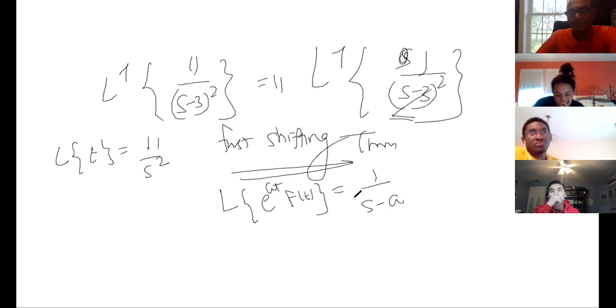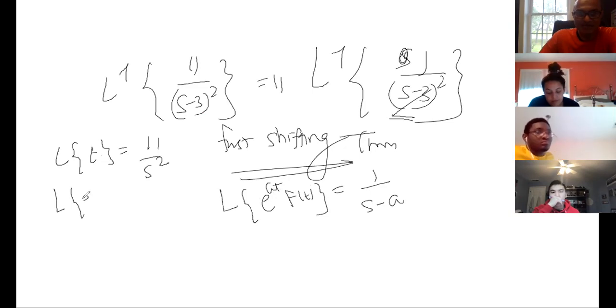Agree? Am I right, guys? Whenever you have a product like this, please pay attention over here. Let me consider something like this, f(t) equal to t.